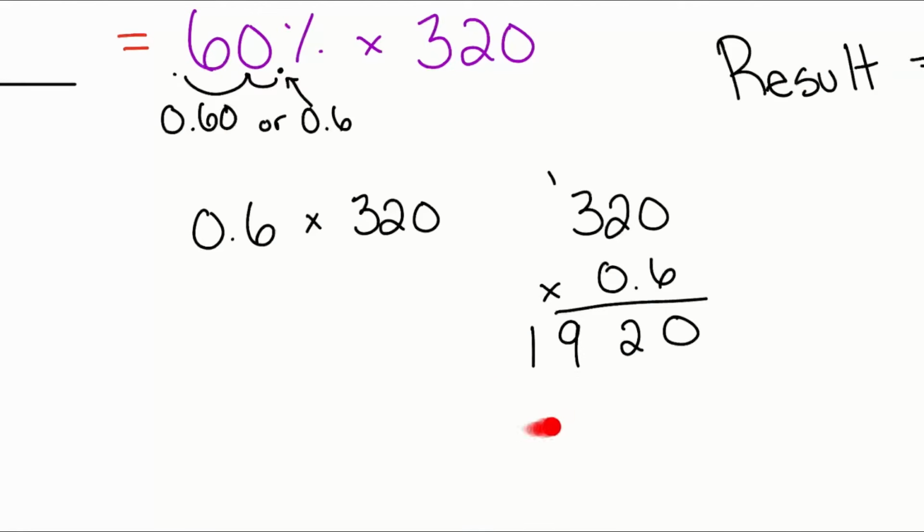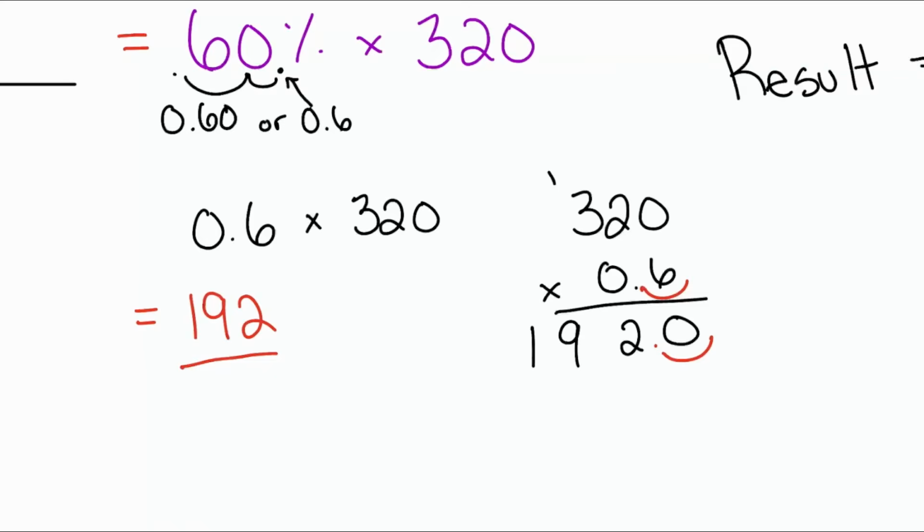In this specific example, remember, when it comes to multiplying by decimals, we bring back the number of decimal places that we ignored. In this specific setup, we only have 1 decimal place that we move right back right there, which is going to give us 192. That right there, my friends, is the final result.